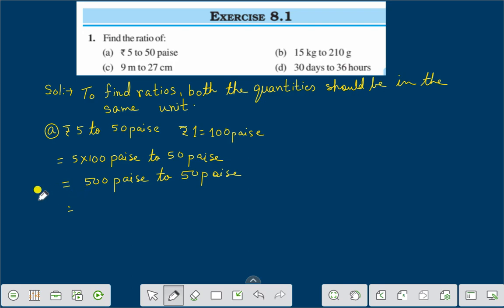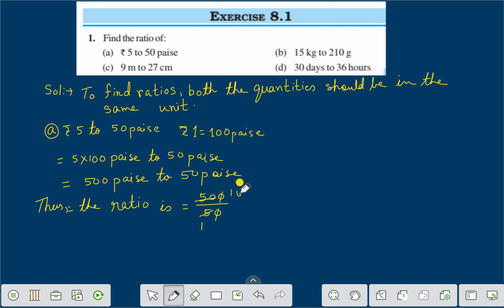Thus, the ratio is 500 by 50. This 0 will cut. 5 1 is 5 and 5 10 is 50.